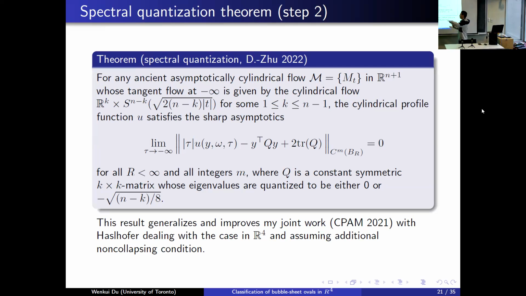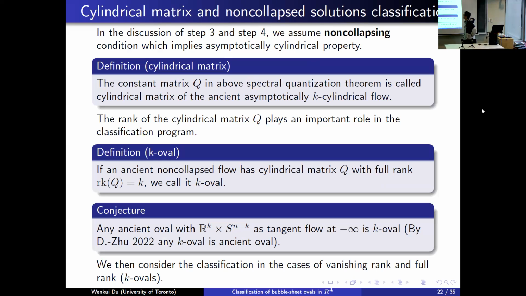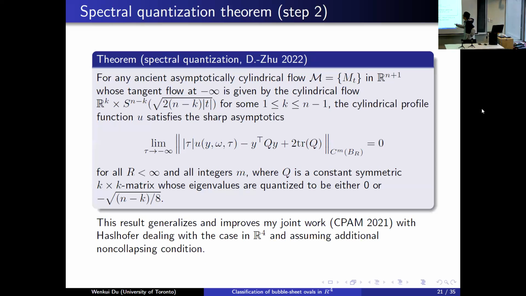It says that asymptotically either it is flat, or it is inward quadratic bending along the negative eigenvalue direction. So this matrix Q plays an important role in the classification problem. We call it the cylindrical matrix. And remember that in this theorem, we don't have a non-collapsing condition.